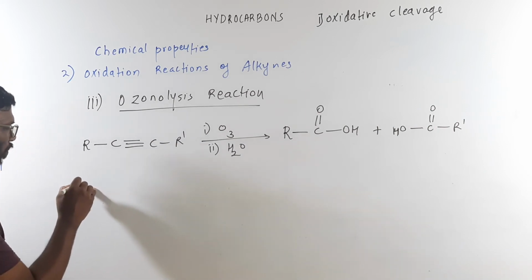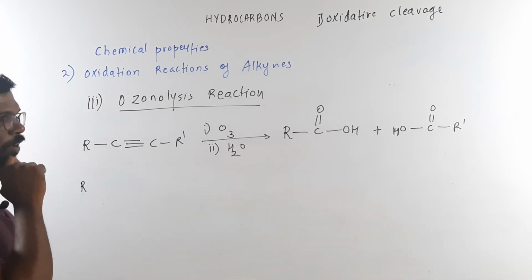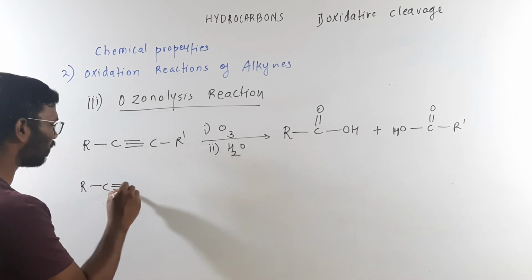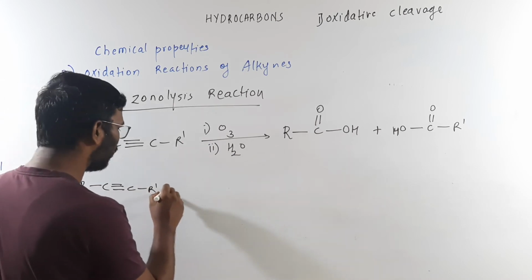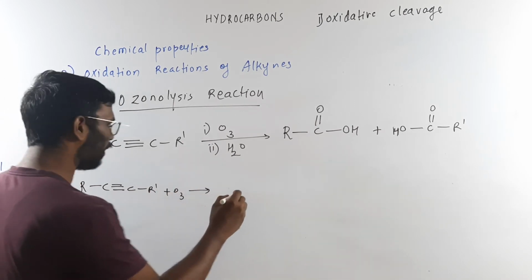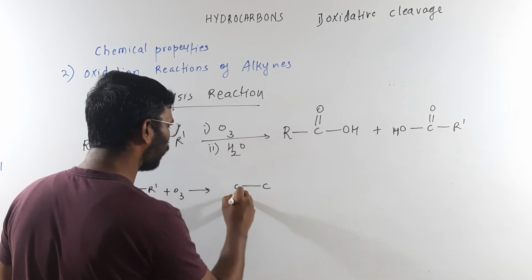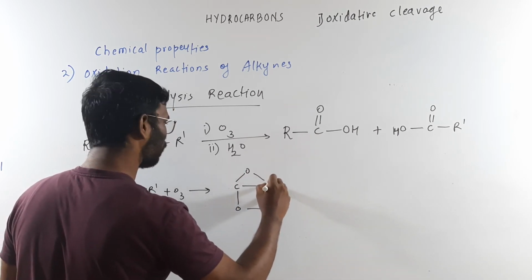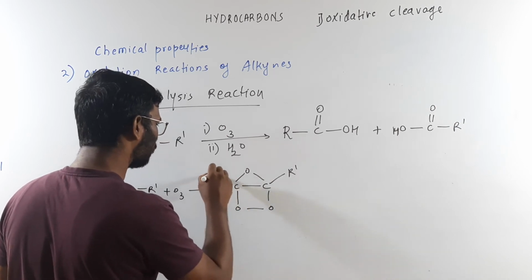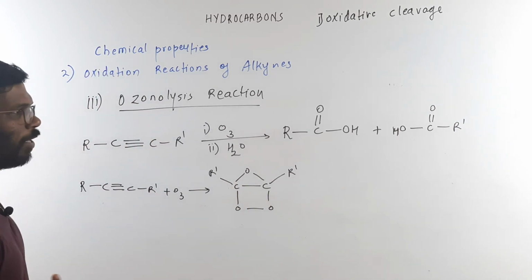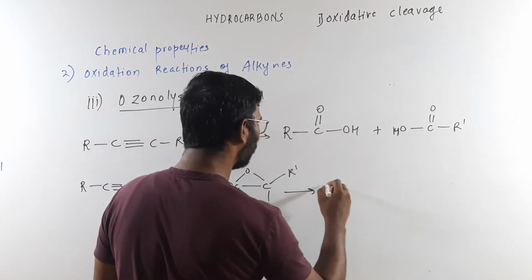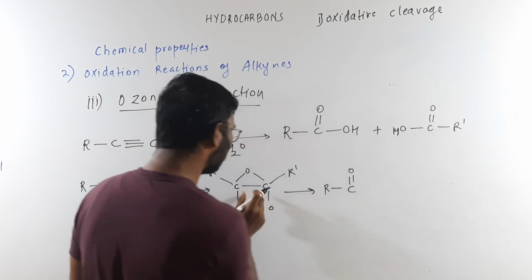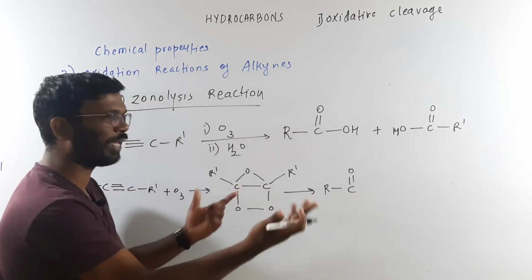At the first step, on the alkyne with R and R dash, in the presence of ozone, we get a structure this way, similar to the previous structure. In the case of an alkene, this was breaking and we were getting two products.